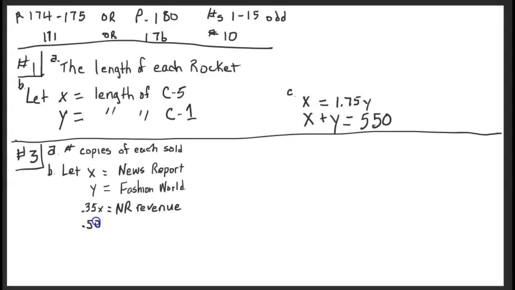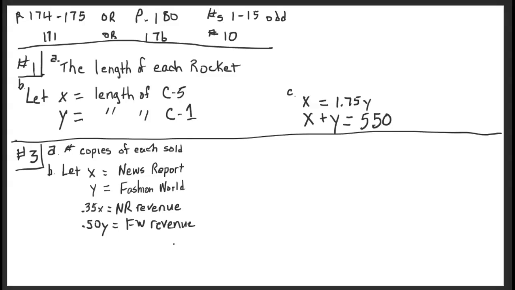And so it's 50 cents, so 0.50, or we could have just done 0.5, not X, Mr. Barrett. 0.50Y equals Fashion World revenue or receipts. Okay, same concept. They sold 1 Fashion World magazine. Y would equal 1. 0.5 times 1 would be 0.5, and that would be the revenue received from Fashion World.